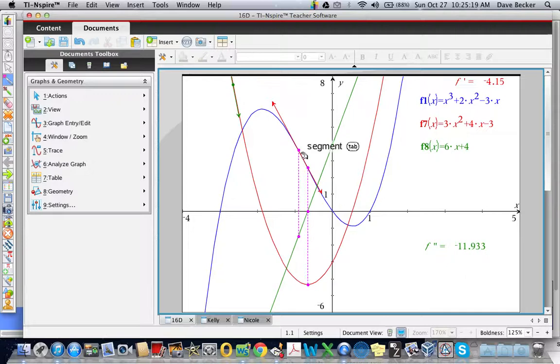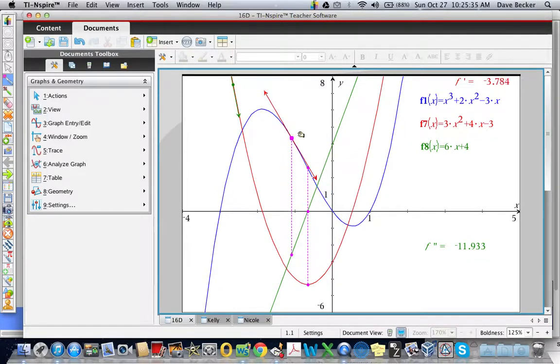Okay, so as I drag this, look at my dotted lines in pink. Once I hit that point of inflection, the second derivative changes from being negative to being positive. Let's do that again.